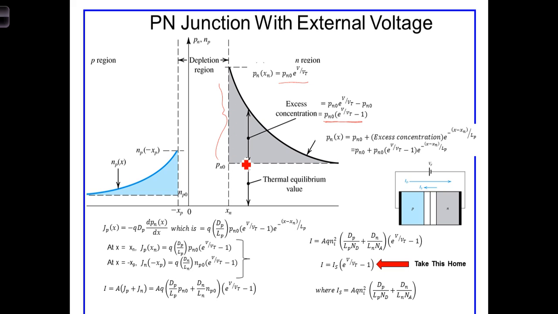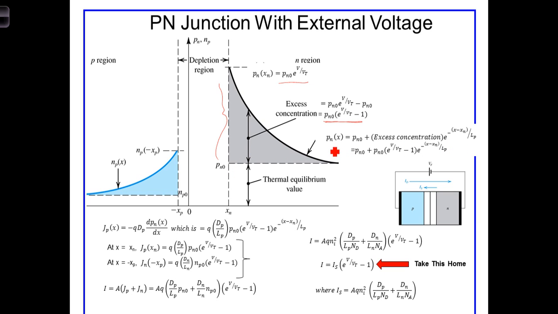But as those holes continue to diffuse across the n region, they begin to recombine with free electrons, and so the actual hole concentration starts to decrease. The more holes there are, the more rapidly there's recombination, and so we actually get an exponential drop-off in the hole concentration as we move away from the junction, or as a function of x.